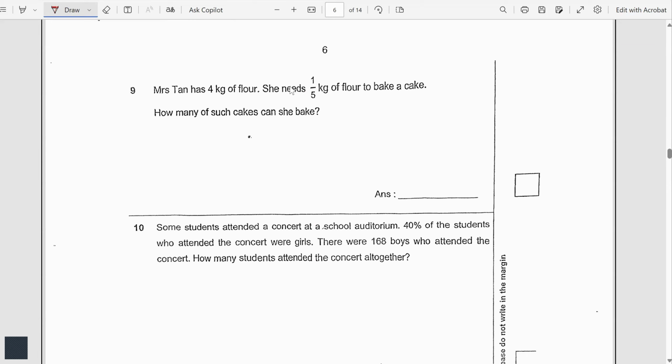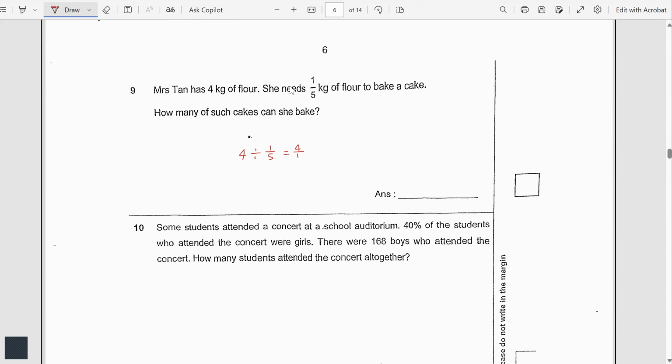Okay, so we have the total, which is 4 kg, and we divide by 1/5. Okay, so again, it's not fraction divided by fraction, but whole number divided by fraction, but we do the same application. So we want to keep the first one, or you can change it to a fraction, but essentially the value doesn't change. 4 whole is the same as 4/1.